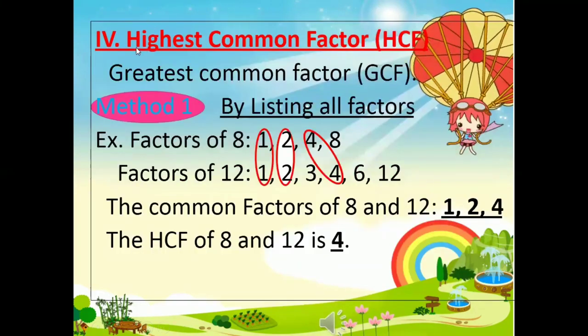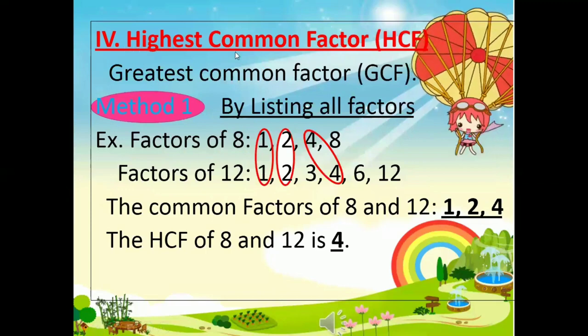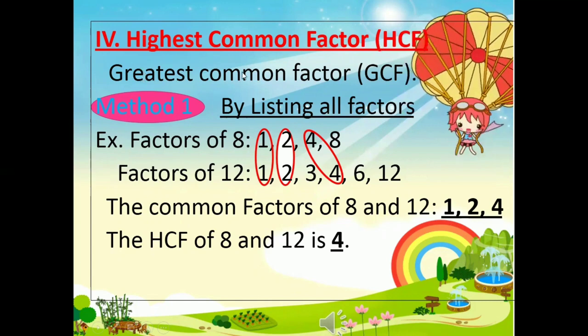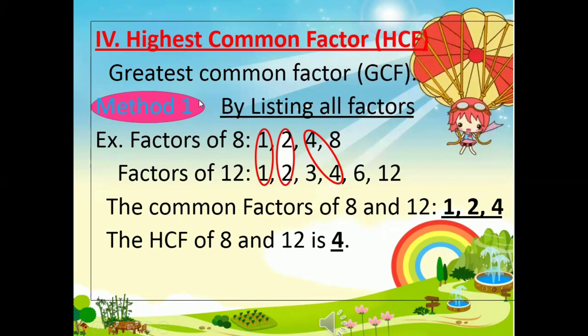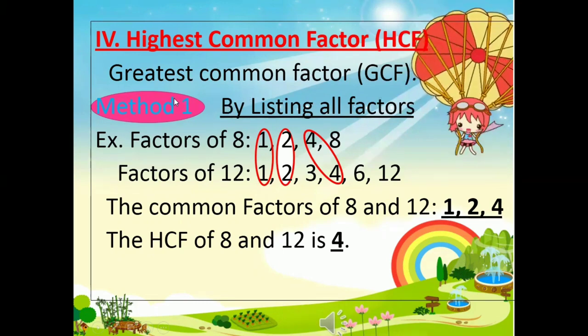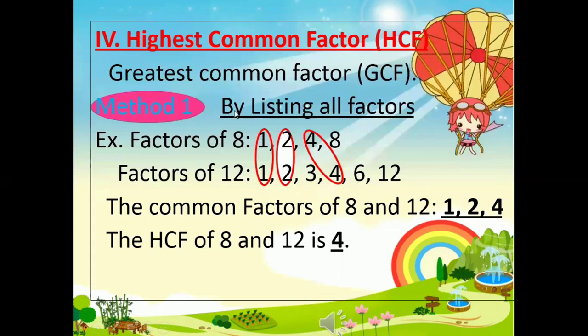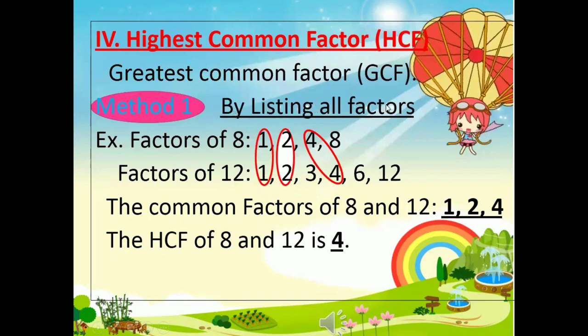Okay. Now let's also talk about the highest common factor, or HCF, which is also called the greatest common factor, or GCF. We have 3 ways to find the highest common factor. The first method is by listing all the factors.